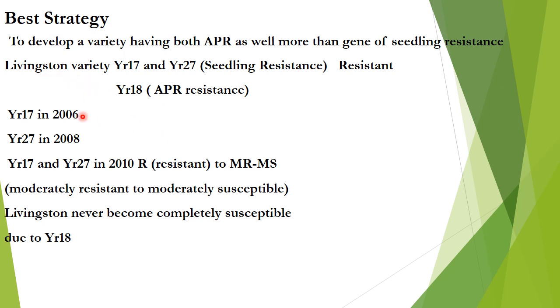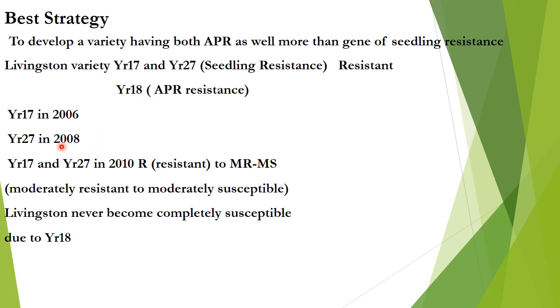Why? If you look here, in 2006 a pathotype occurred in the yellow or stripe rust population which is capable of breaking the YR17 gene. But the variety still survived because it has the YR27 gene along with the YR18 gene.